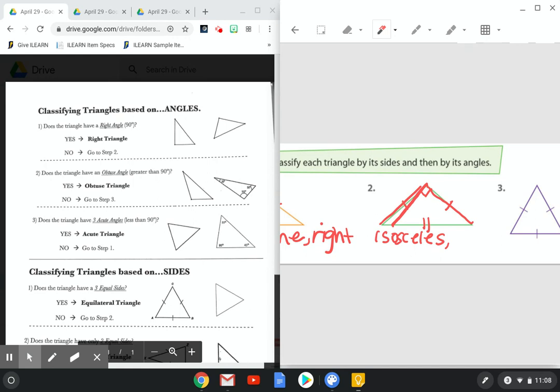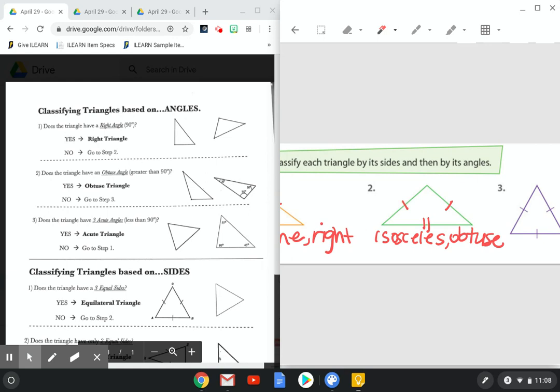So what type of angle is more than 90 degrees? Well, that's going to be an obtuse angle. So that tells me that this is obtuse. So I'm going to answer yes, it is obtuse. If I answer yes, then that means it's an obtuse triangle.